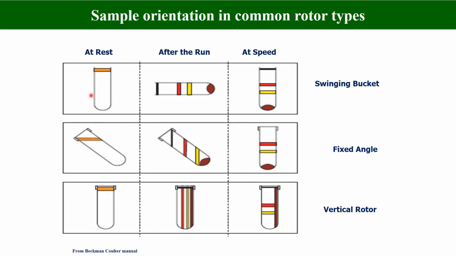When the run begins, the tube reorients in this manner and the particles begin to get separated. As we know, the heavy particle, which is the yellow line, will start moving faster to the bottom. And when it is at rest, you will see that the heavy particle has settled, the lighter one above and the lightest one right on top. So this is how the separation occurs in a swinging bucket rotor.